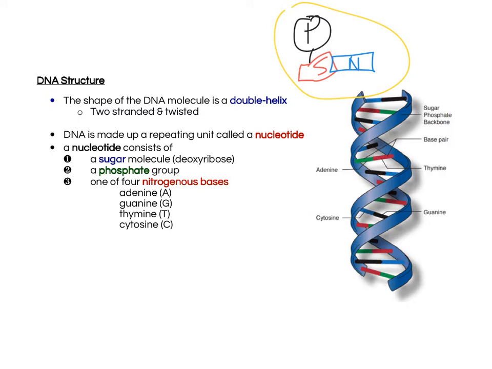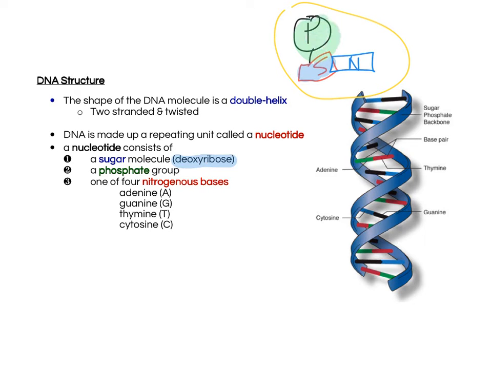But a single nucleotide, as we talked about, is made up of a sugar molecule. In the case of DNA, that sugar specifically is deoxyribose. Okay, so when I'm talking about the sugar molecule, here I'm talking specifically about deoxyribose. Now, next, we have a phosphate group.